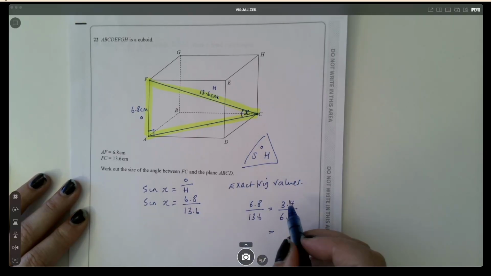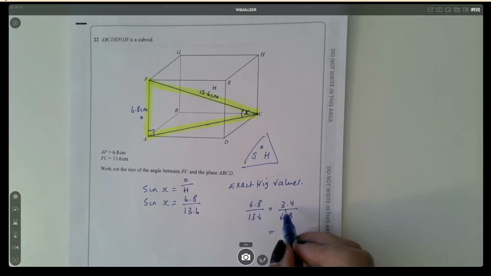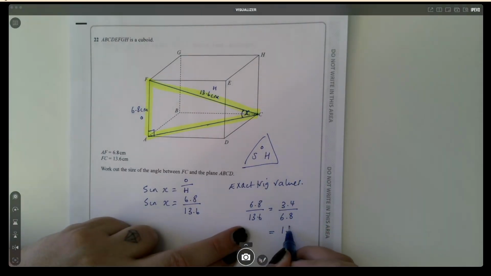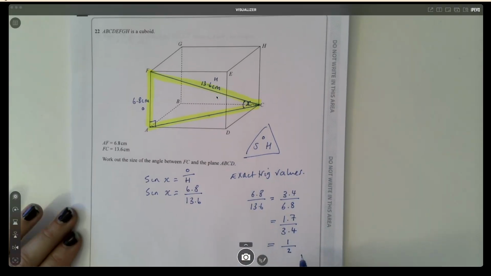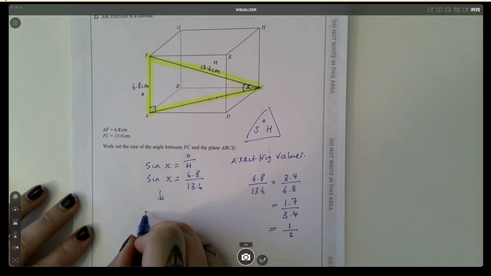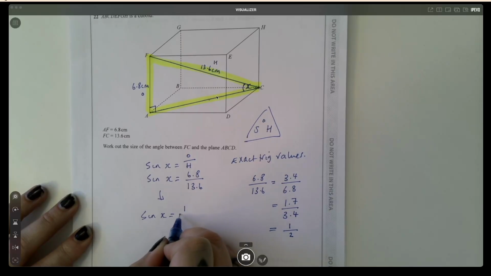Okay, let's do it again and halve them again. So 1.7 over 3.4. Now 1.7 is half of 3.4, so that simplifies to a half. So actually, sin x equals a half.